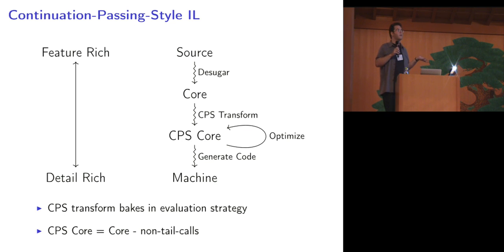So all we have now are tail calls, and an effect of this is baking in the evaluation strategy. So now the optimizer doesn't have to care about that, but that CPS transformation will depend on what sort of language you're starting with. So you're already introducing some additional details that you may not have thought about in the source language, especially for a pure functional language. So that's sort of the situation there.